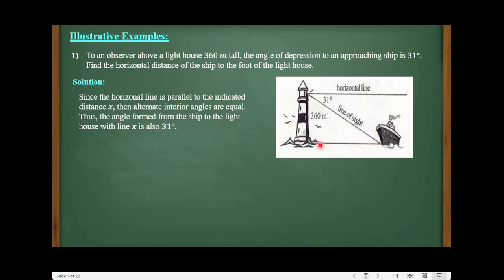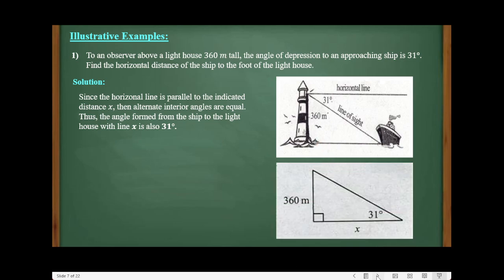The unknown distance. Now, if we redraw the diagram, we will have a right triangle, and the lighthouse height is the vertical leg of this right triangle, and the horizontal leg is the one we're going to look for, which is the distance between the lighthouse and the ship, denoted by small letter x. And 31 degrees is this angle.